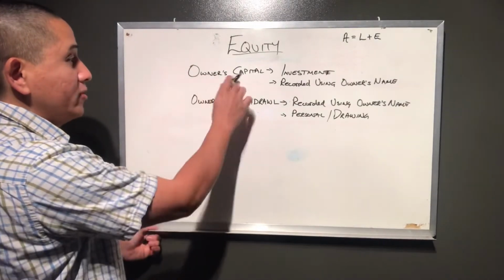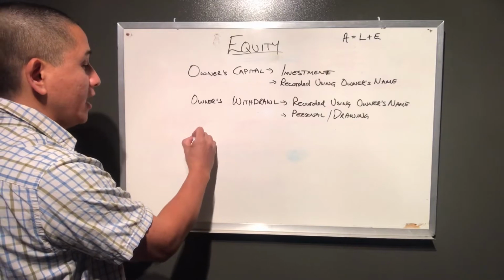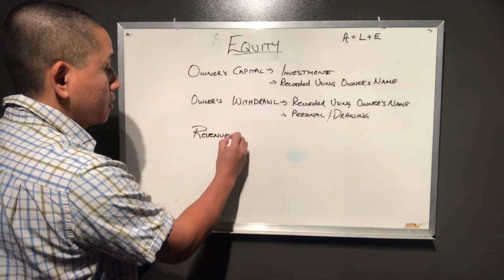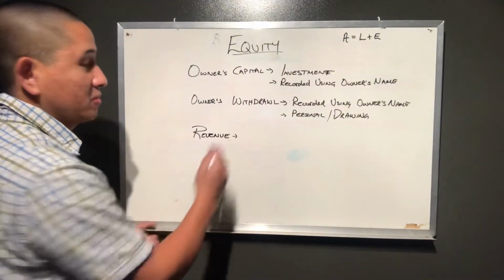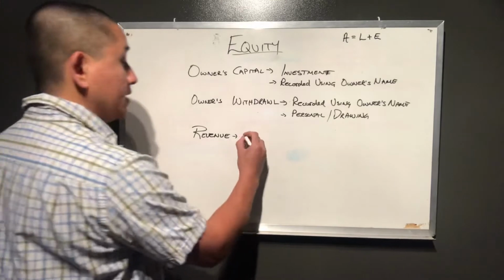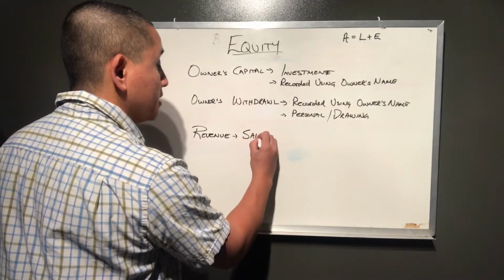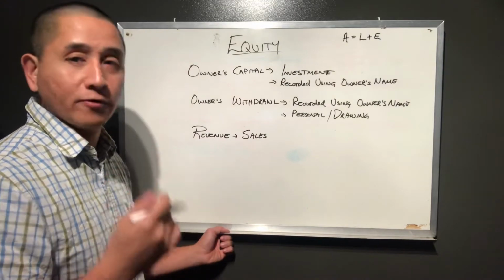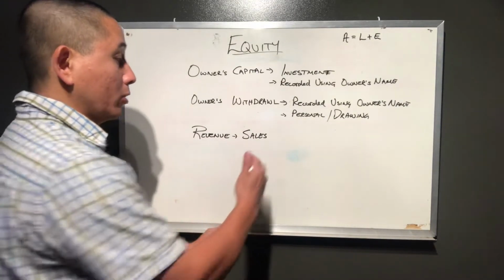Now, once we have these two, then underneath here we would have revenue. Examples of things that would comprise revenue would be sales. If I ran a business and sold a whole bunch of roller skates, for example, I would record that as sales.